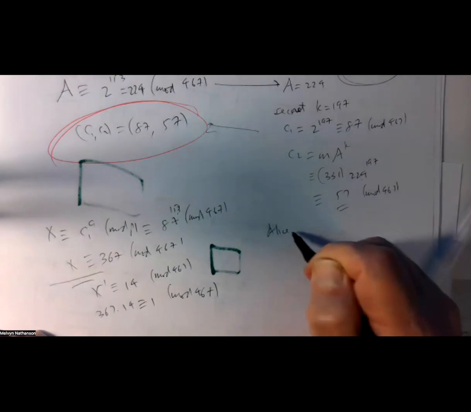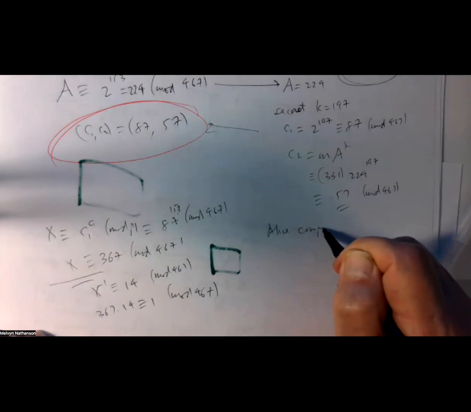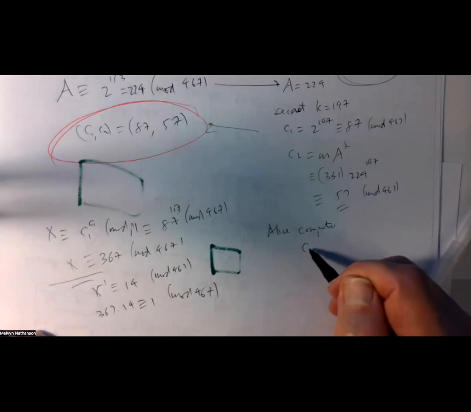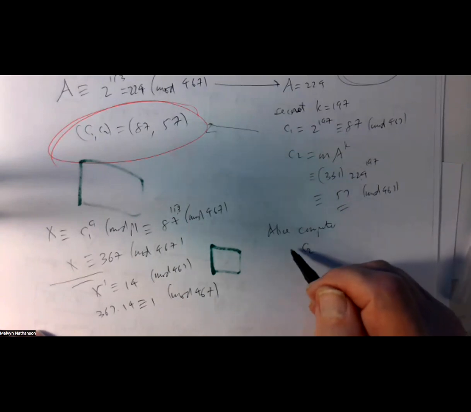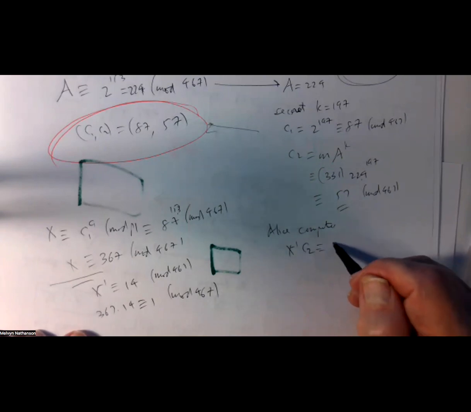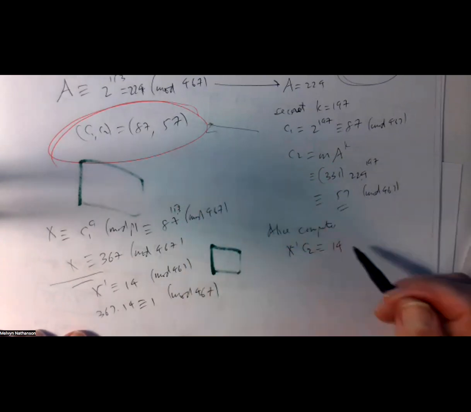Alice computes the second number she got from Bob, C2, times X inverse. X inverse is 14. The second number from Bob is 57.